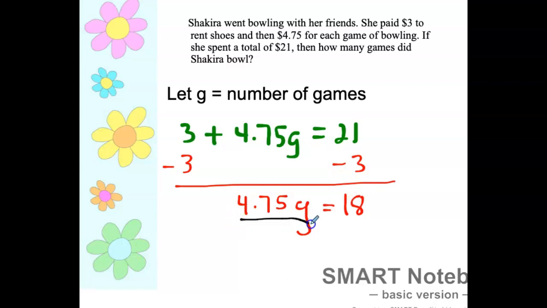Then we divide both sides by 4.75, because that is the fee for each game. We could cancel it out, since it's equivalent to 1. So now g, if you use your calculator, 18 divided by 4.75 will give us 3.78.